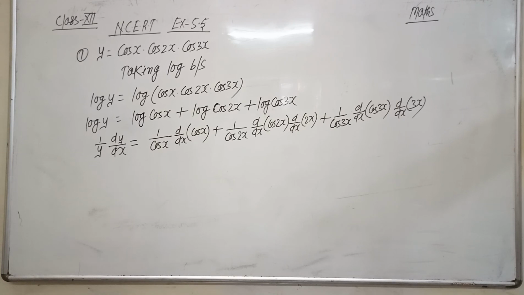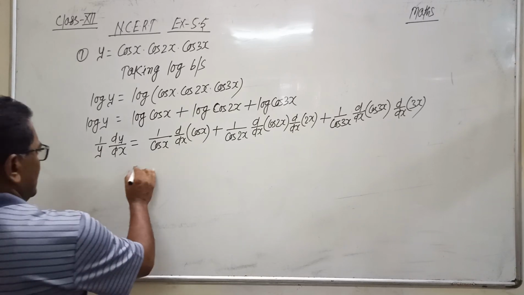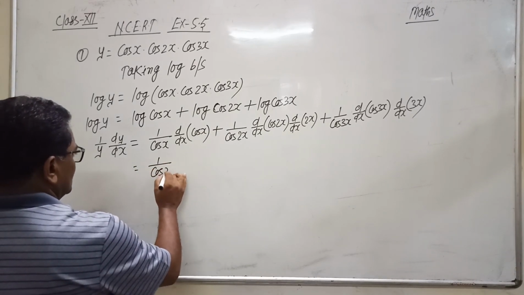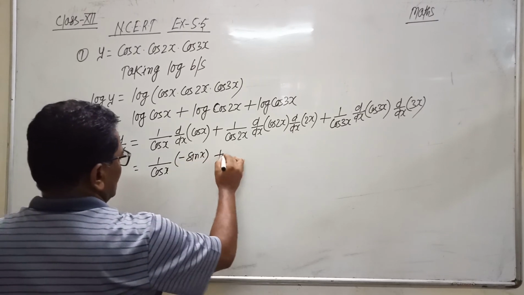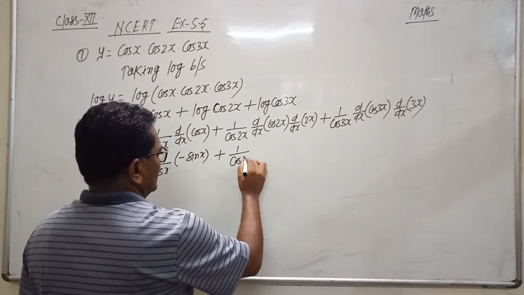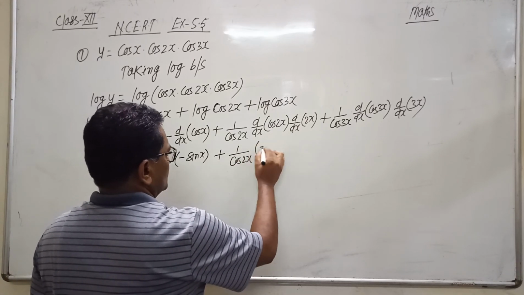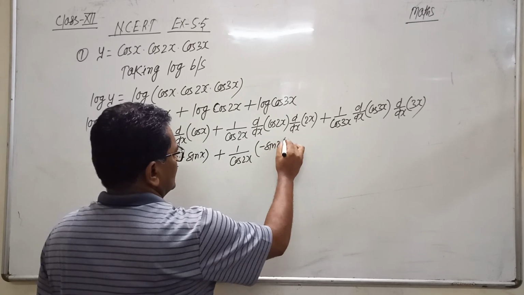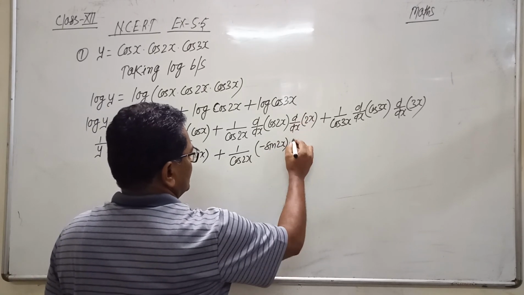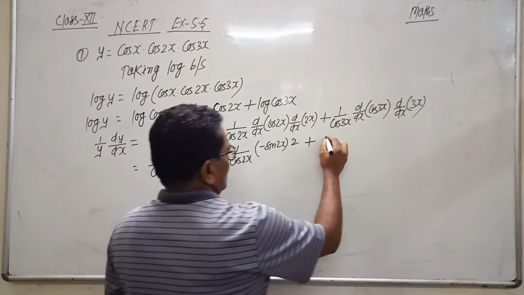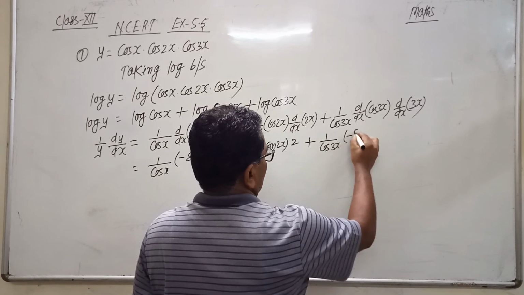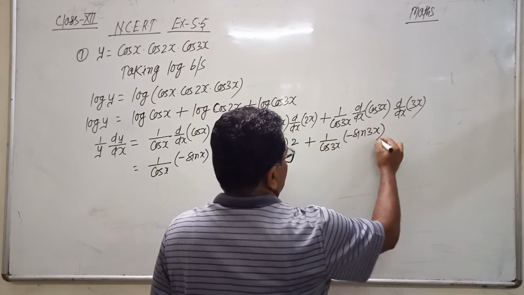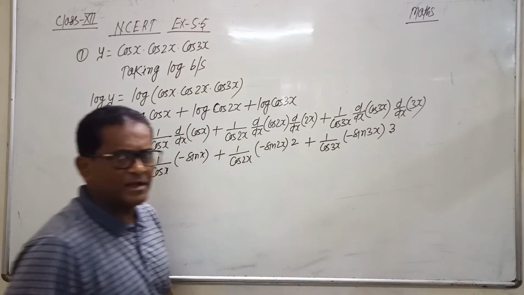So it becomes 1 by cos x and d by dx of cos x, which is minus sin x, plus 1 by cos 2x and d by dx of cos 2x, minus sin 2x, and d by dx of 2x is 2, plus 1 by cos 3x and d by dx of cos 3x, minus sin 3x, and d by dx of 3x is 3.